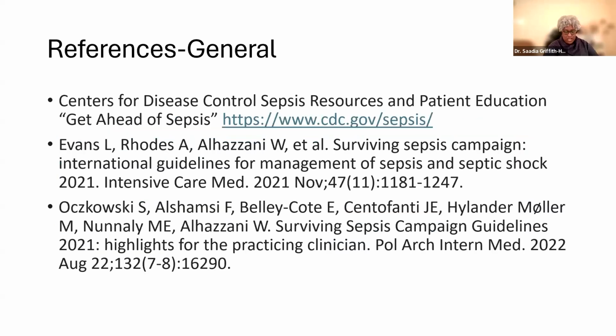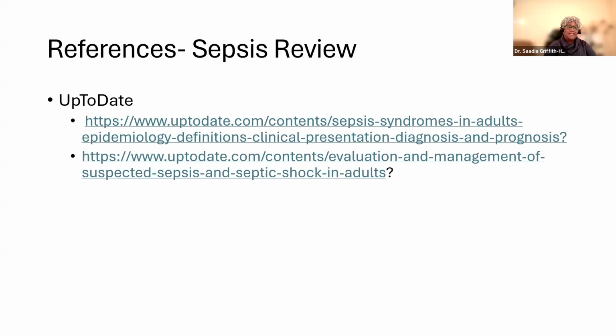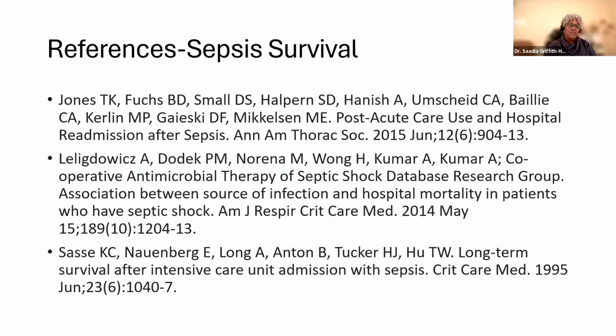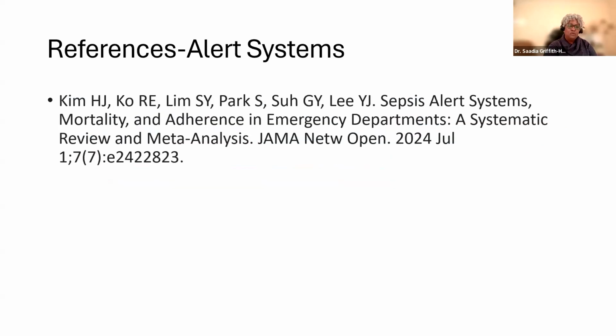I have references here for you. And as I was telling Kristen last week, on December 5th, the New England Journal had a whole review of sepsis. So I will update the slides before they're posted to include that reference for you. It has everything you need to know and more about sepsis. And then I just have a few other references for you, a little bit about the alert systems, if that's something that you are interested in.